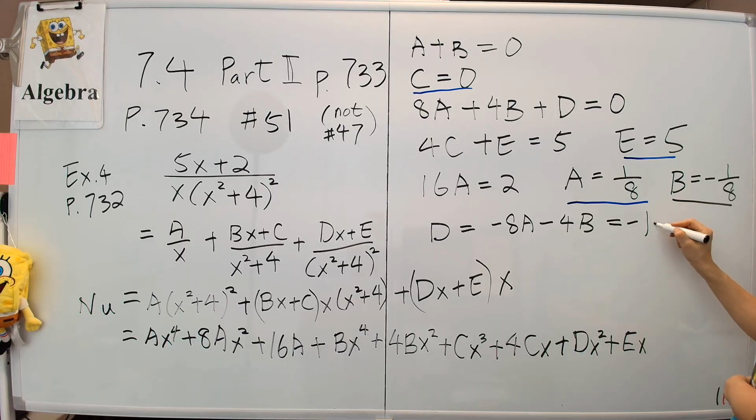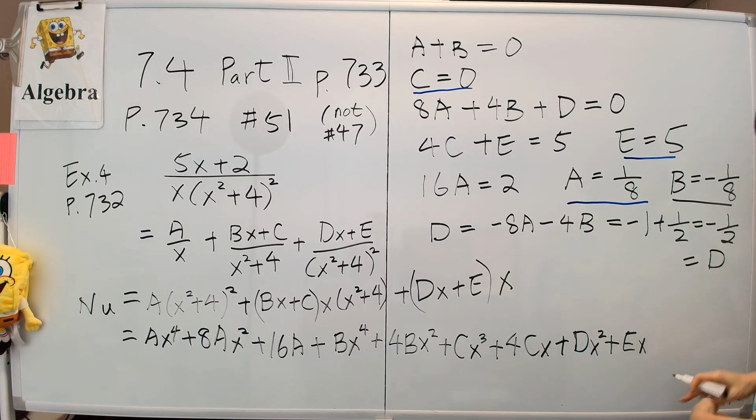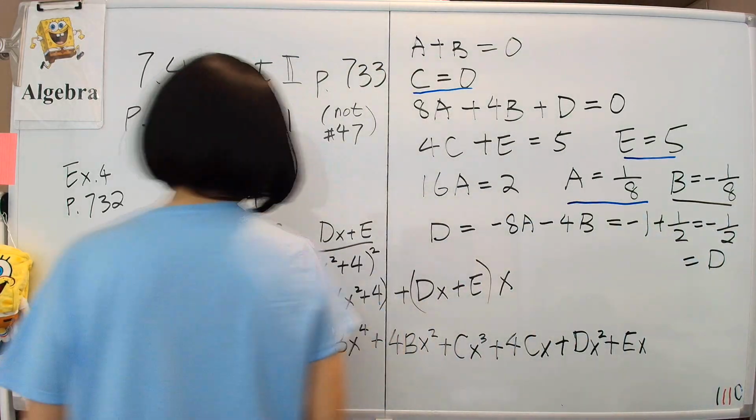And minus 4 times B, and B is minus, so it becomes a plus 1/2 is what I got. All right, and that is equal to minus 1/2. That is equal to D. So D is minus 1/2.